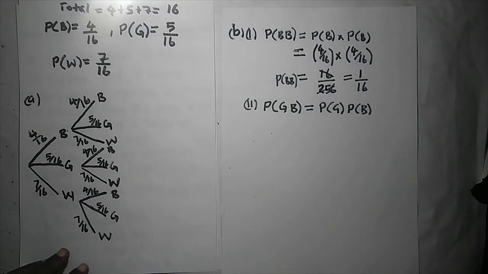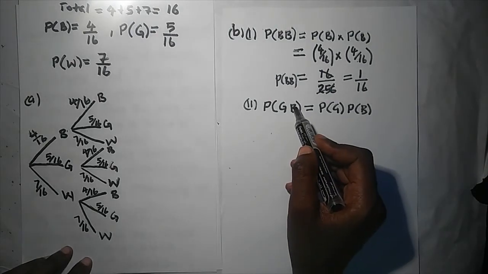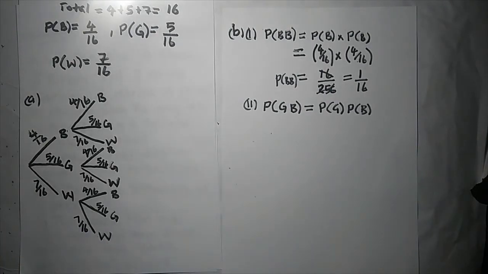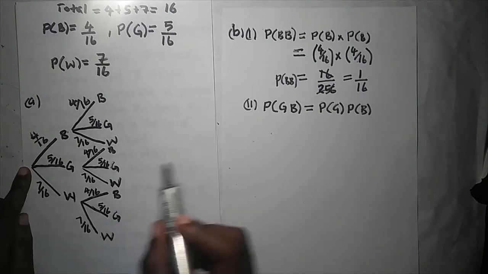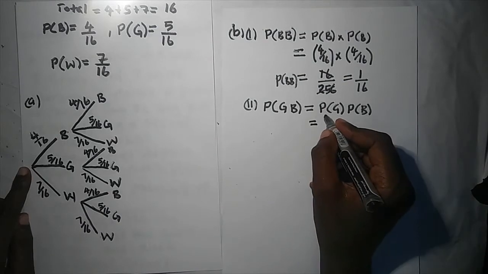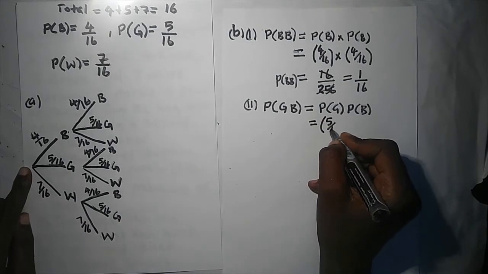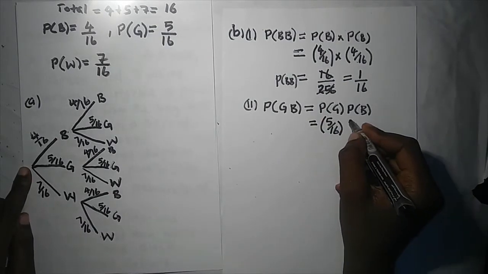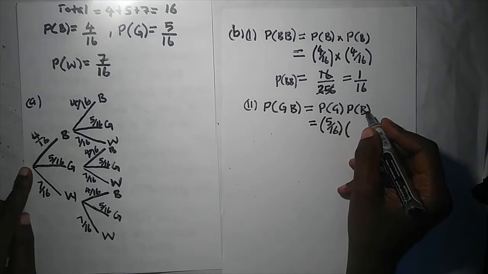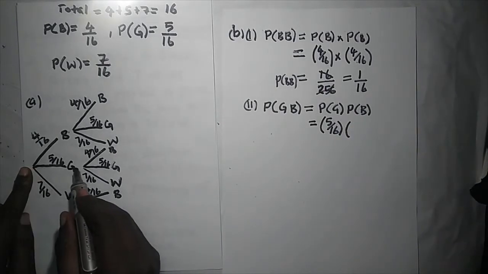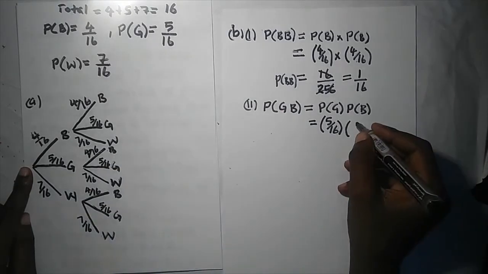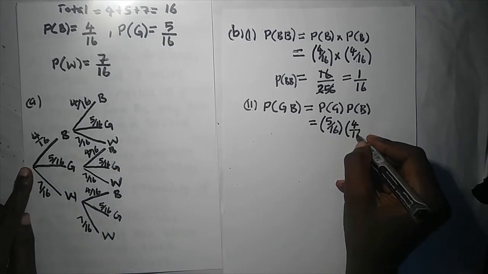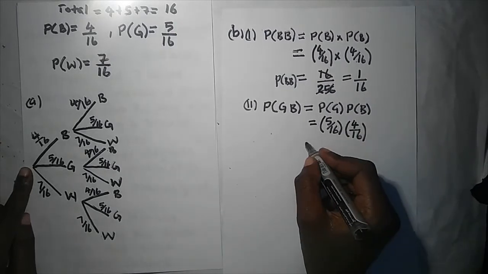Here it is. So probability of green first and then black. So you're going to follow the branch for green and then you go to black. So here you come, probability of green here is 5 over 16. So you're going to write here 5 over 16 times probability of black. So from green here, you follow black. Now there you have 4 over 16. So you're going to have 4 over 16, which you can multiply.